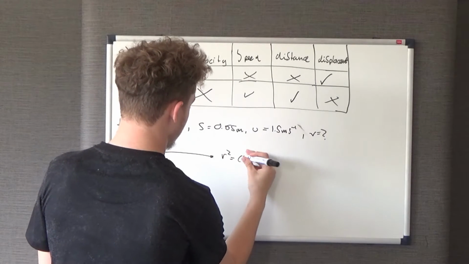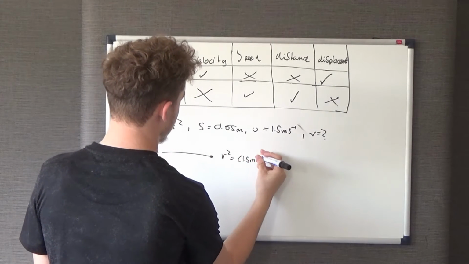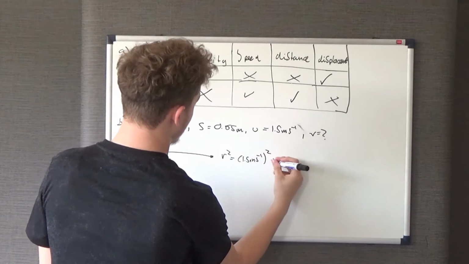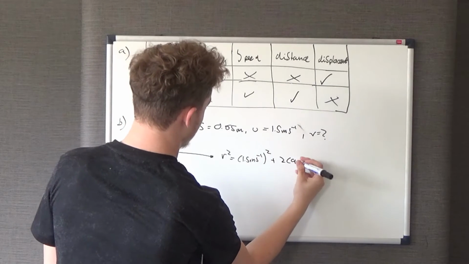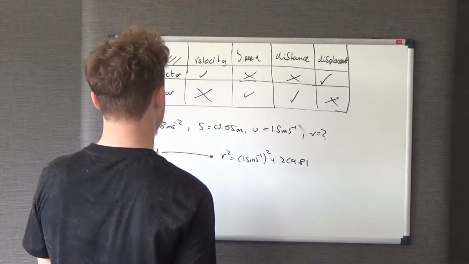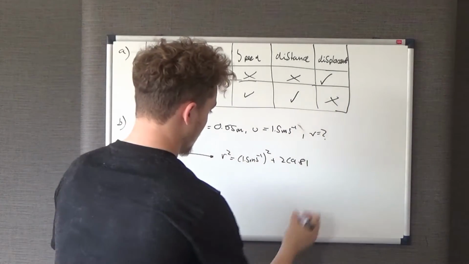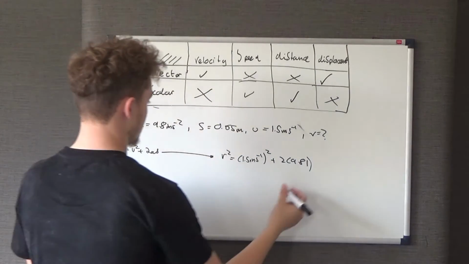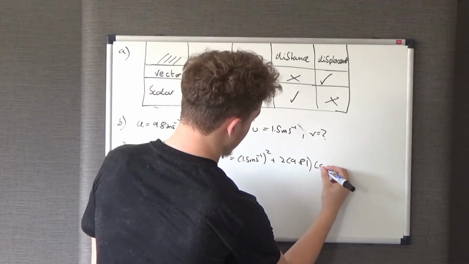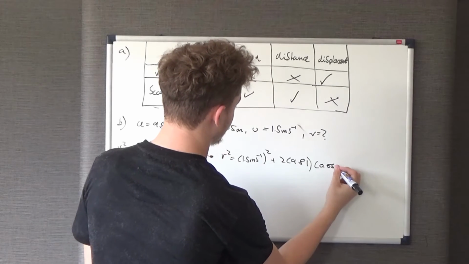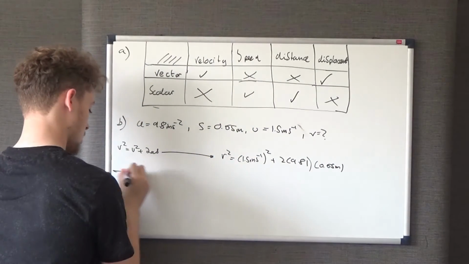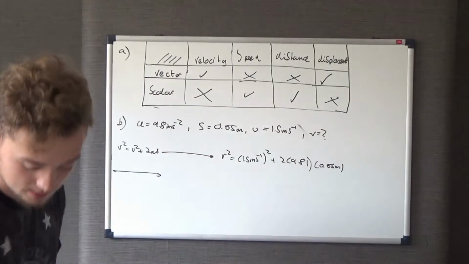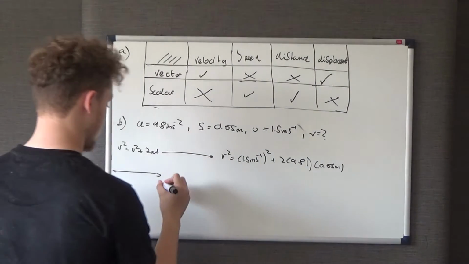V squared is equal to U squared, which is 1.5 meters per second, and you square all of that, plus 2 times A, which is 9.8. I think you use 9.81, sorry. In M1 mechanics you only use 9.8, but it doesn't really matter. So 2 times 9.8 times 0.65. You'll get an answer of 14.99.